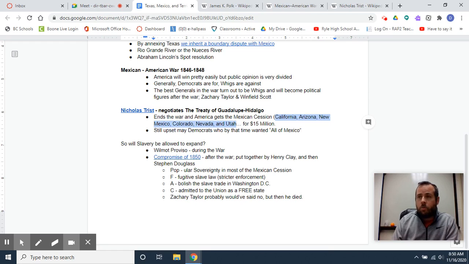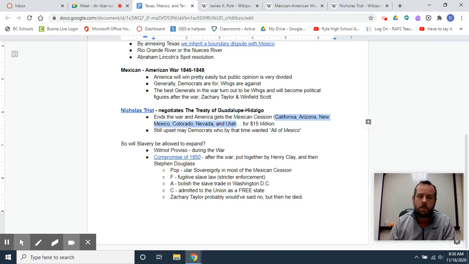Essentially what happened was the California gold rush. People flooded into California because of the discovery of gold, and California came up for statehood much sooner than anybody expected in 1850.